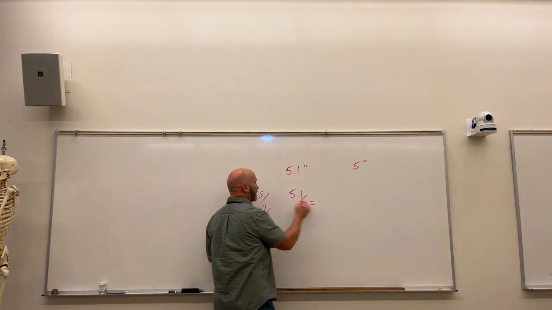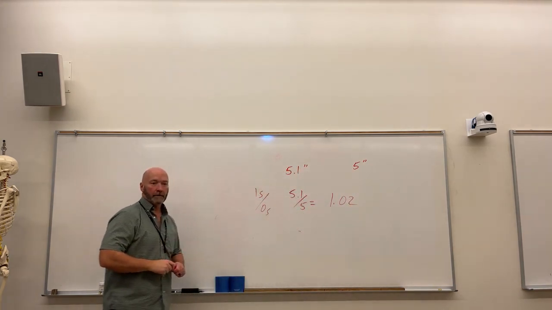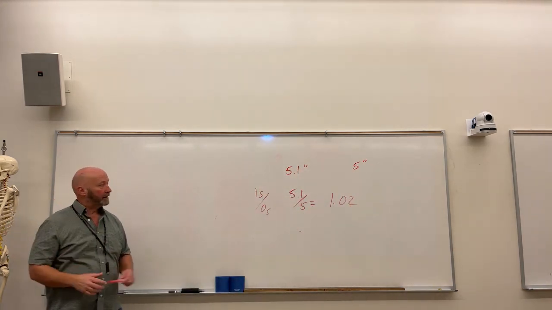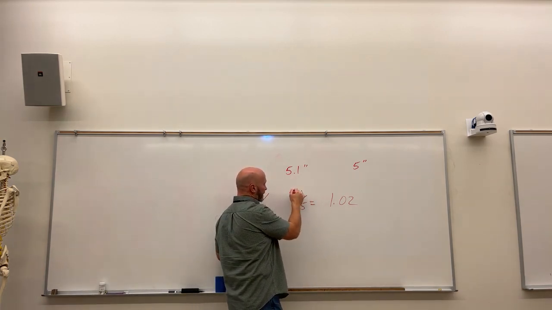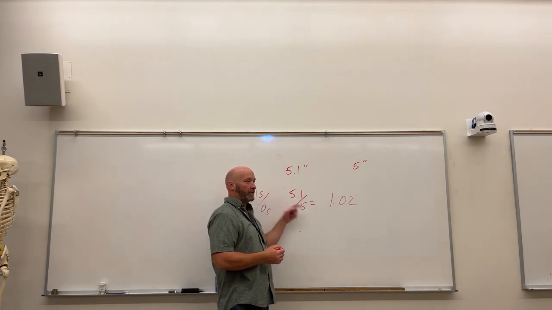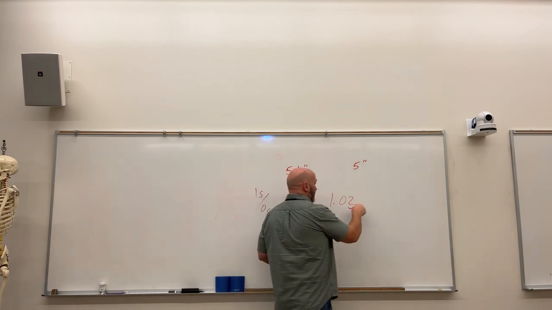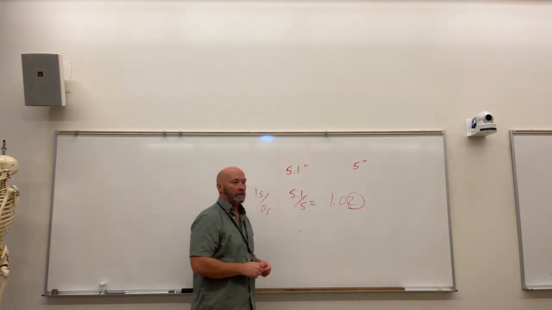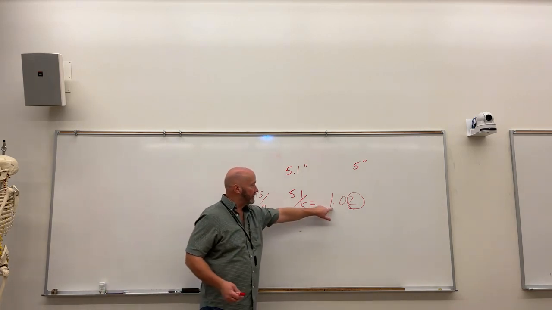Over object size. 1.02. So, you got 5 divided into 5.1. So you've got a larger image than object. So your magnification is going to be minimal. That 0.02 is your overall magnification, but it's still going to be larger than 1.